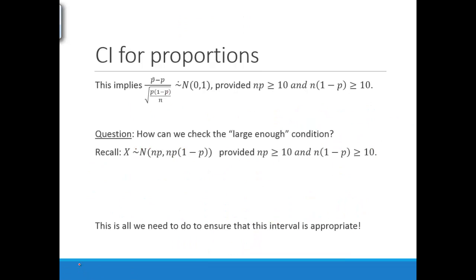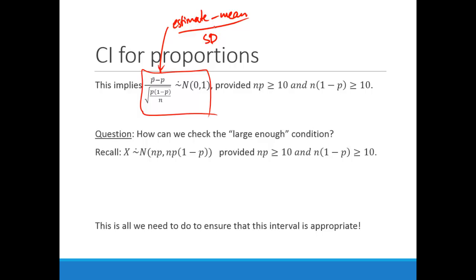So what that implies is that this type of a thing is going on. Remember, here we have an estimate minus the mean divided by a standard deviation. Before that was x bar minus mu over s divided by the square root of n.